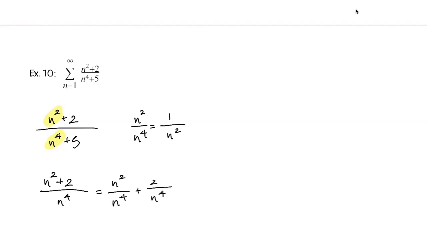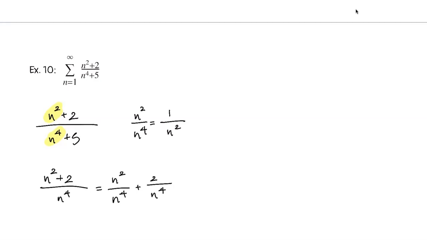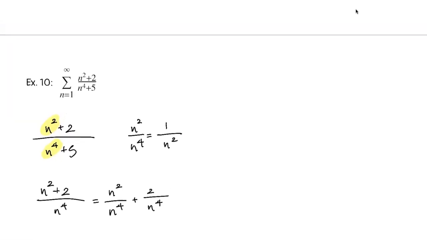So basic fraction rules, I can split something with 2 numerators into 2 different fractions. So in this case, I have n squared over n to the 4th plus 2 over n to the 4th.